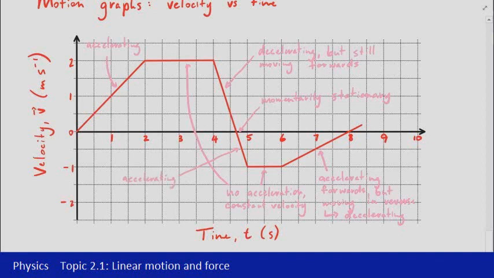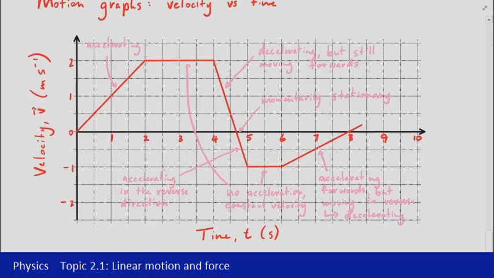It's accelerating, but it's accelerating in the reverse direction. So its speed is increasing, the magnitude of the velocity is increasing. So accelerating in the reverse direction, and then that leads into where we started, accelerating in the forwards direction, but it's still moving in reverse, and so we would call that decelerating.